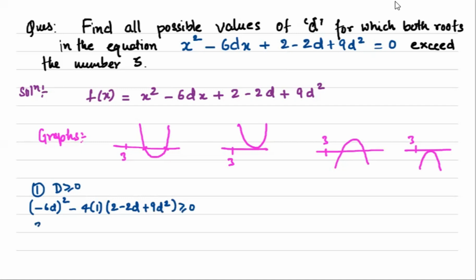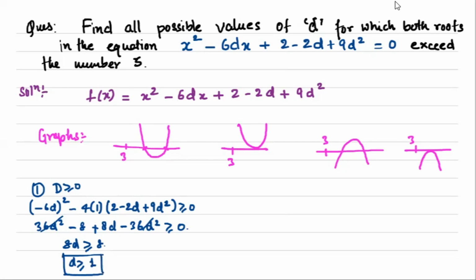If I solve this, I'll get 36d squared minus 8 plus 8d minus 36d squared is greater than or equal to 0. So what we get from here is this cancels out. We get 8d is greater than or equal to 8, or d is greater than or equal to 1. So this is what we get from here, and we have to find the value of d.